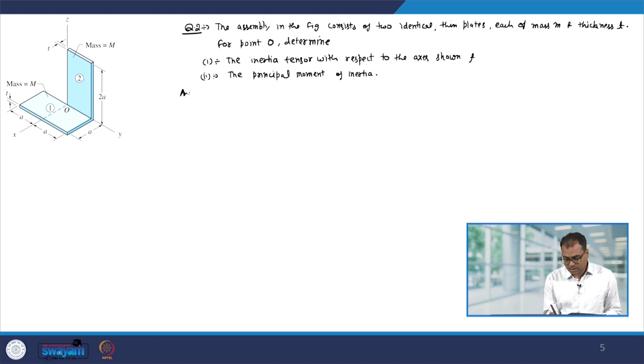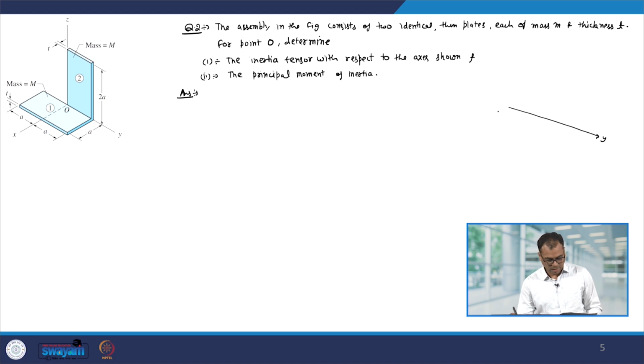Here this assembly consists of two plates. To find the inertia tensor of the assembly, we have to find the moment of inertia and the product of inertia of both the plates. So, let us first look at plate 1. Plate 1 is like this: we have the y axis, the x axis and the z axis.